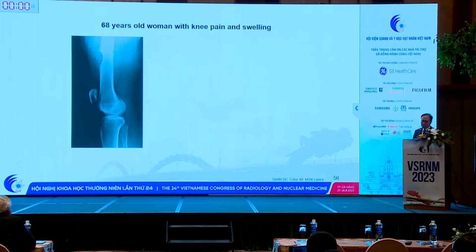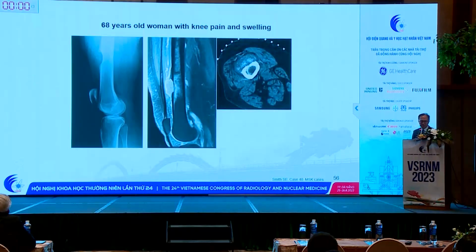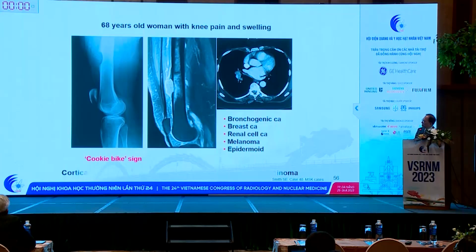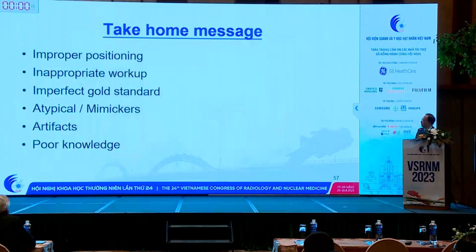And how about that? Usually our concept is metastasis in bone marrow, but don't forget, lung cancer may have cortical metastasis, just like a cortical bite, okay? So metastasis can be not only in the bone marrow, but also in long bone, cortical bone.